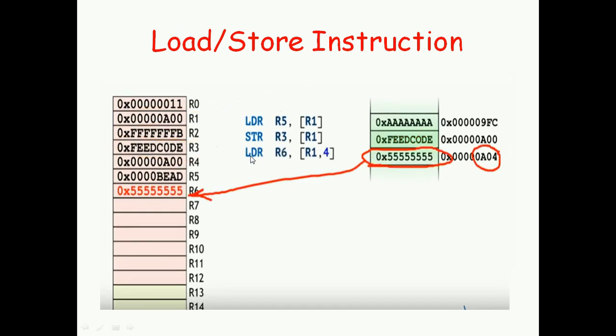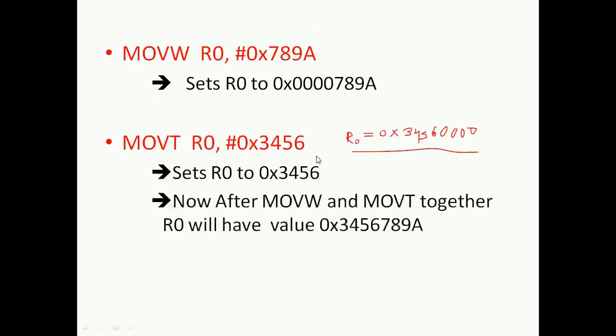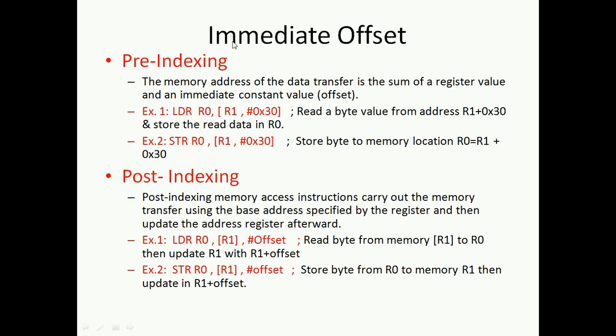Now we'll see one more type of load instruction. That is LDR R6, and inside the bracket we have R1, 4. Here 4 corresponds to the offset value. Let us talk about this. What is this offset value? Along with the three types of addressing modes we have discussed, we have another two types of addressing modes.